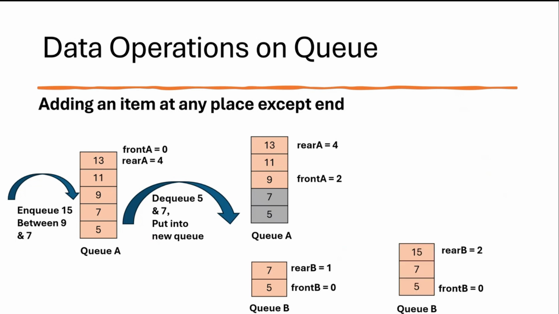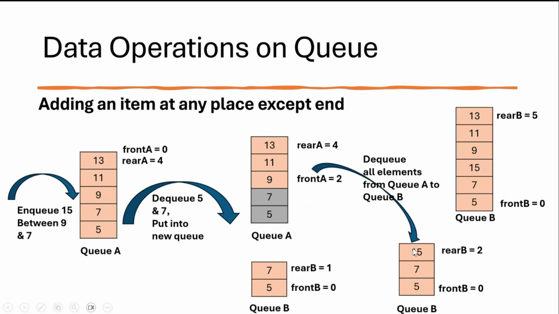Then we add 15 to QB, not to QA, and all the elements from QA move to QB. It will look like this, right? QA is removed and QB becomes the new queue. So in the worst case, it will have to move all the elements, and that's why the performance is O of n, where n is the size of the queue.